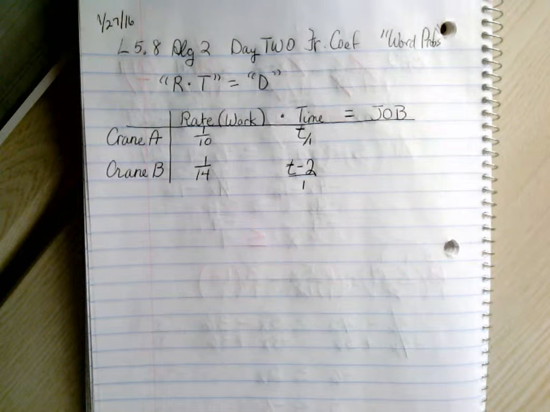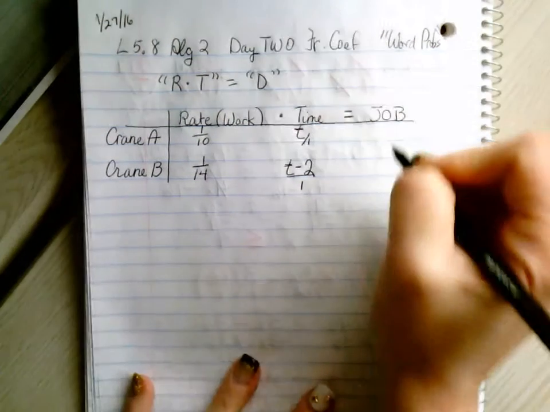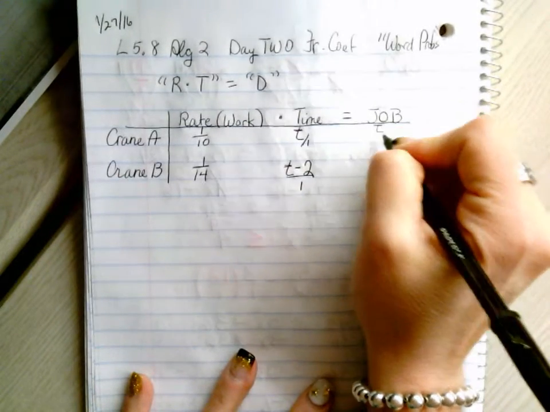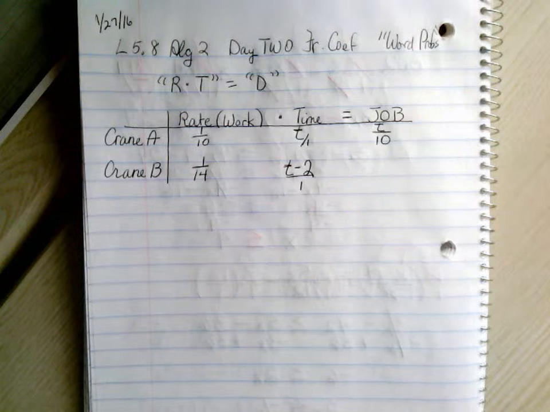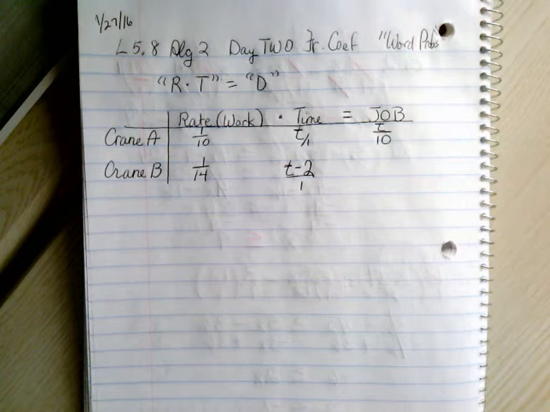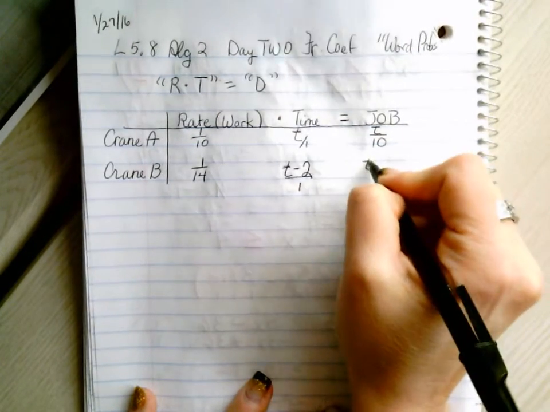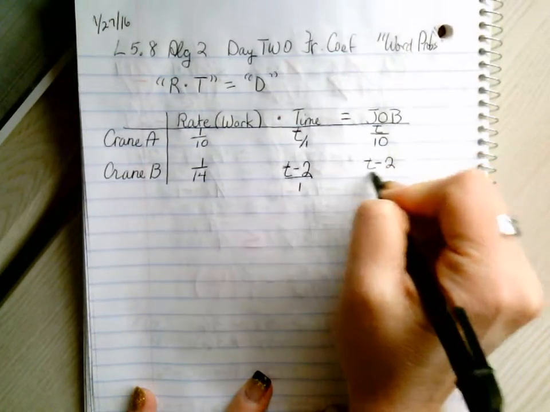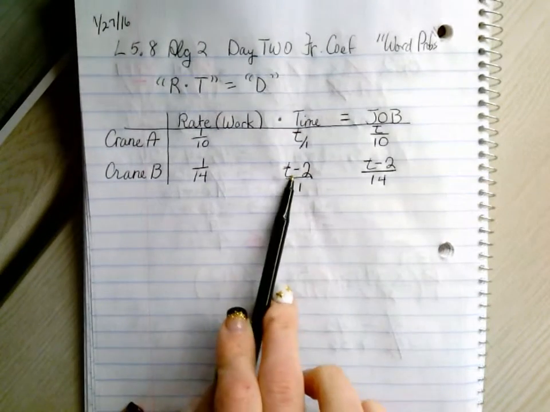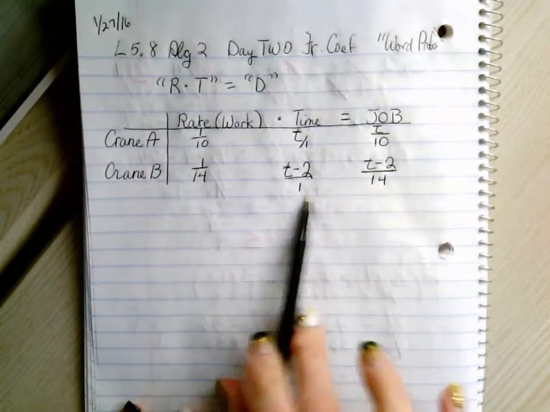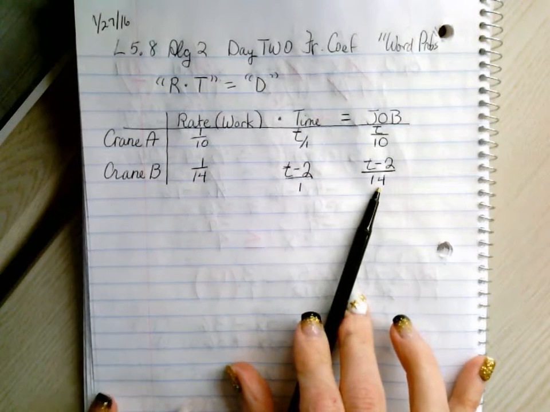Crane A's effort to get the job done is a product of the rate and the time, which becomes t over 10. Crane B's efforts to contribute to the job becomes (t minus 2) over 14. 1 times t minus 2 in the numerator, 14 times 1 in the denominator.